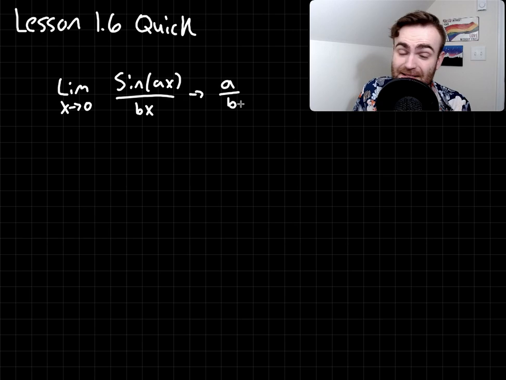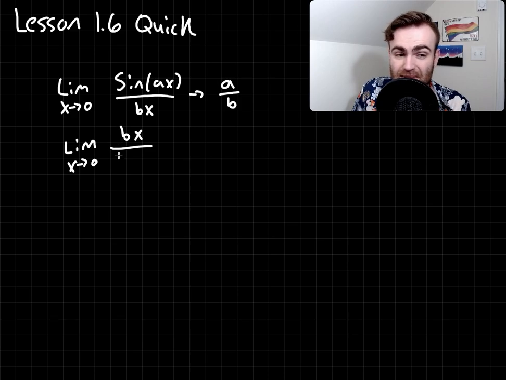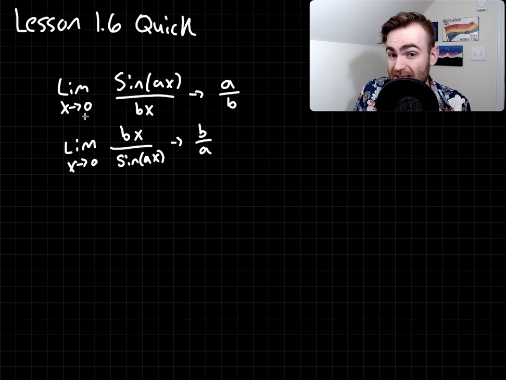Now the cool thing is, it also works as its reciprocal. So if we have the limit as x approaches 0 of b times x over the sine of a times x, that will be evaluated to be b over a. Now this only works when x approaches 0 and we have this kind of setup.